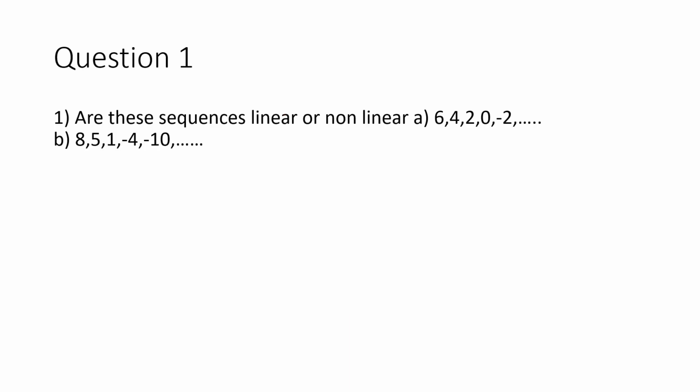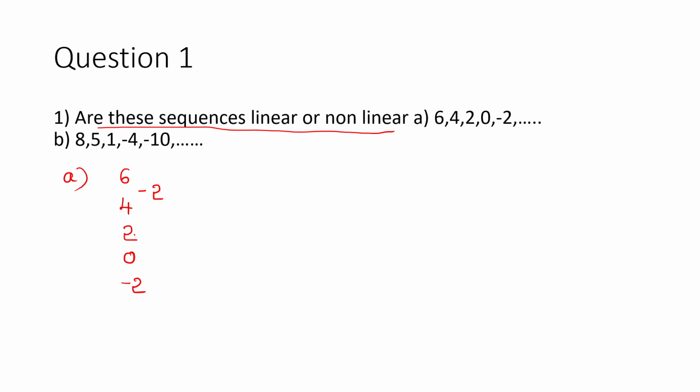The first one: are these sequences linear or non-linear? The first one, A. I am just writing the sequence like this: 6, 4, 2, 0, minus 2. Very simple. 6, 4. How will I get 4 from 6? Minus 2, subtraction.